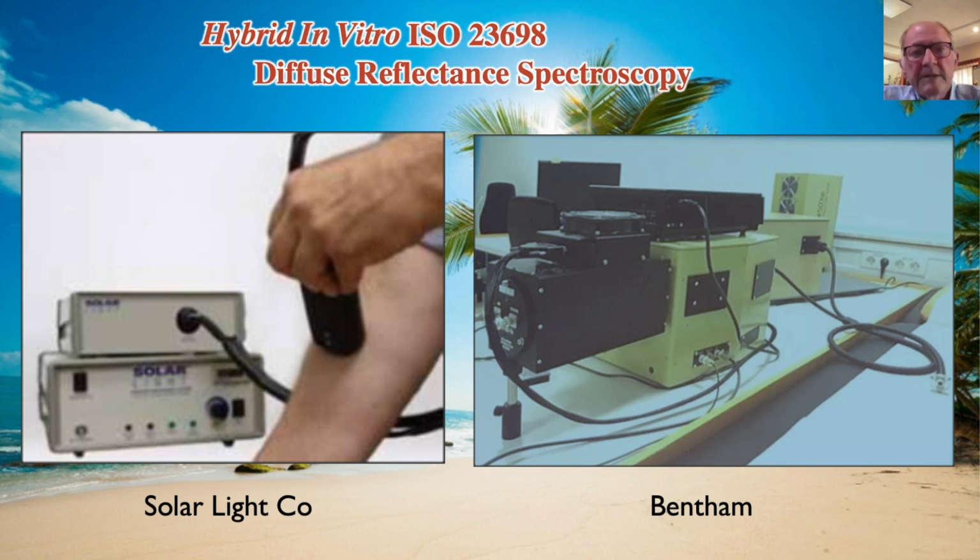So it's a reflectance spectroscopy instrument. There's a few of them now available. Solar Light has one under development. Bentham's had one that you can see has probably been around for about 40 years. It's not a new kind of technology, but it's now written into a new ISO standard, 23698.